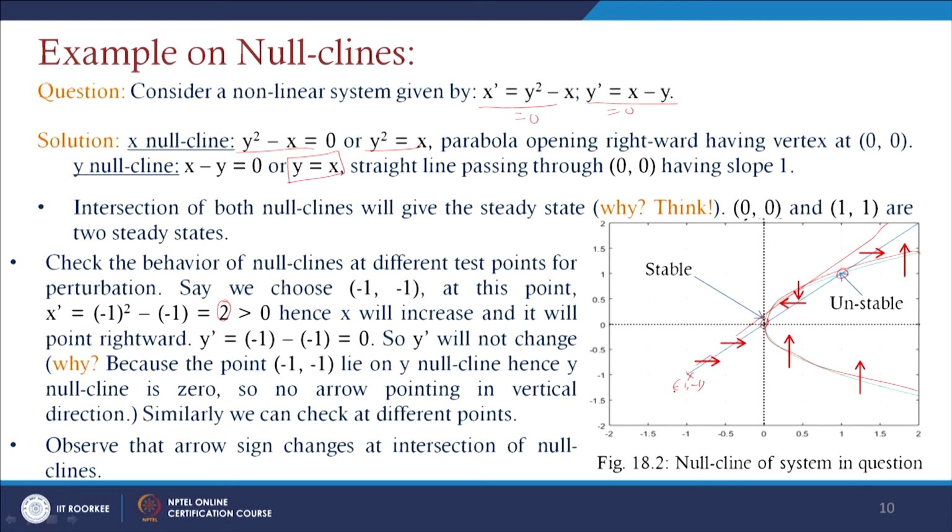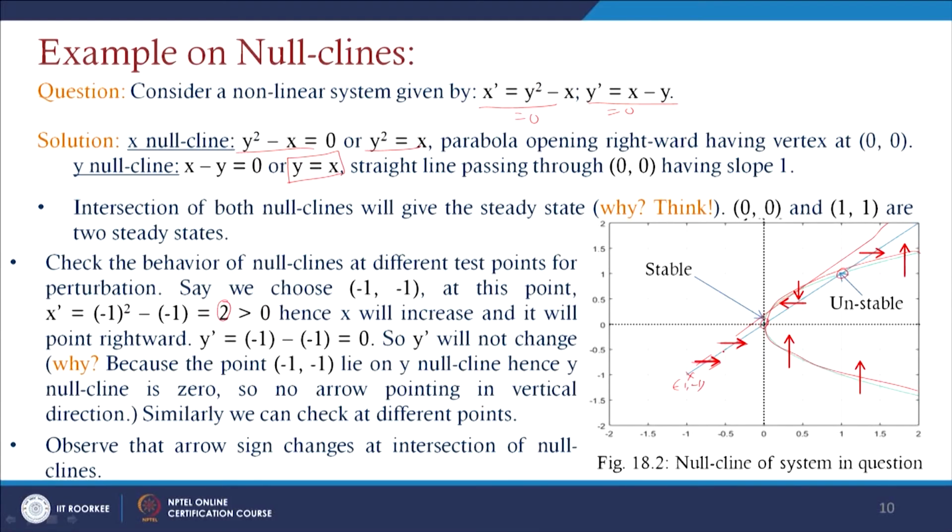So, this means that x will increase, it will point forward. That is why we are putting these symbols here. This means that it is a monotonically increasing function, so always it will try to increase along the positive x axis. So, that is why the arrows are pointing towards the rightward direction.